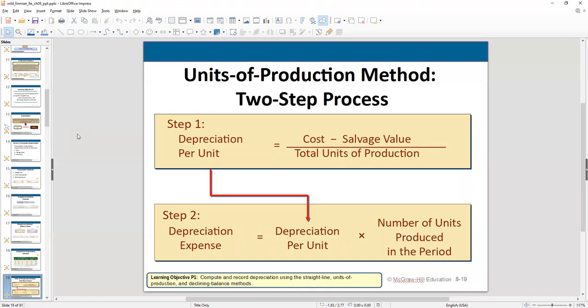So you're going to take the cost minus salvage, and then you're going to divide it by the total number of units. What's your depreciation expense each year? Well, you have to count the number of units that the machine made. Then you have to multiply it times whatever the depreciation per unit is, which we just calculated above. So we multiply depreciation per unit times the number of units we made that year, and that year only. And that gives us our depreciation expense.